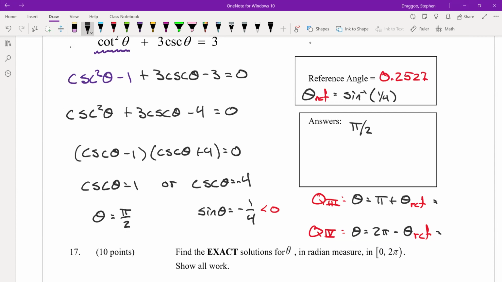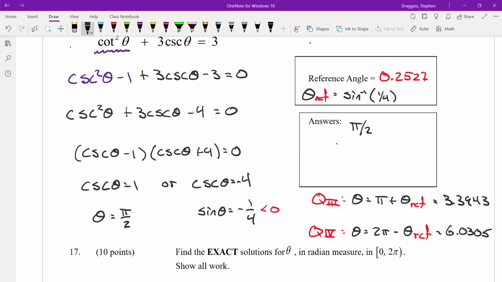Once I've got that reference angle, I'll use my calculator to get the other two actual solution angles. Pi plus that number is 3.3943, and 2 pi minus that number was 6.0305.